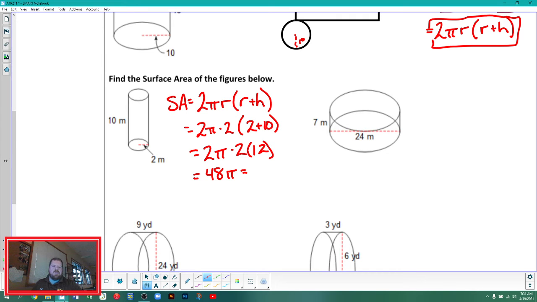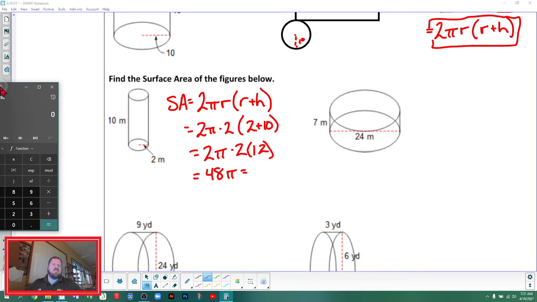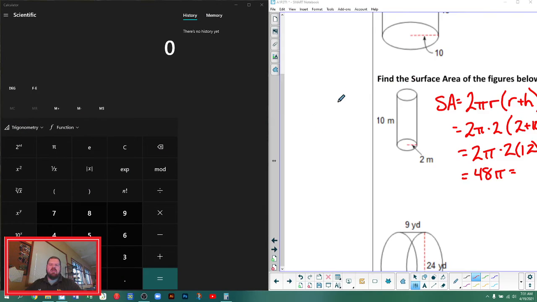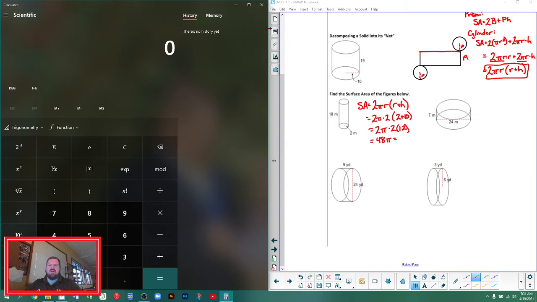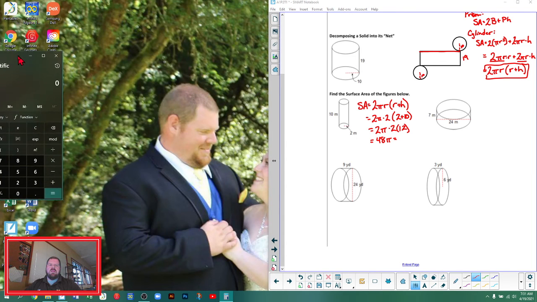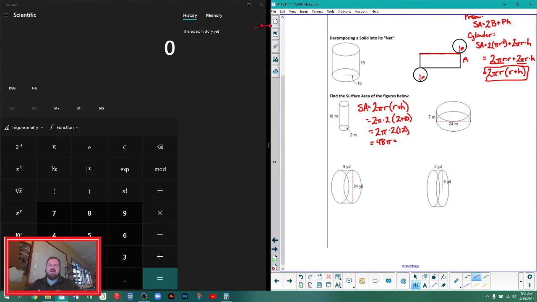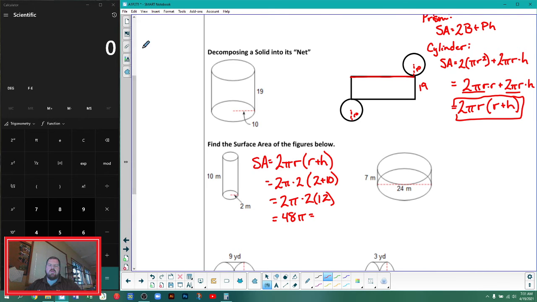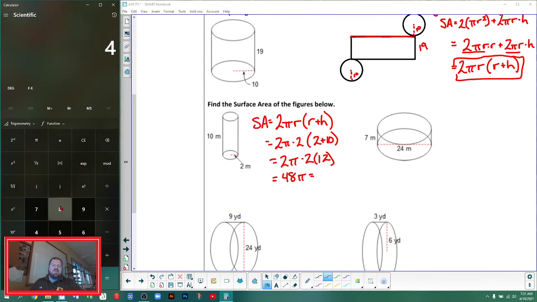I suppose I will need a calculator today. So this turns out to be 48 times pi.